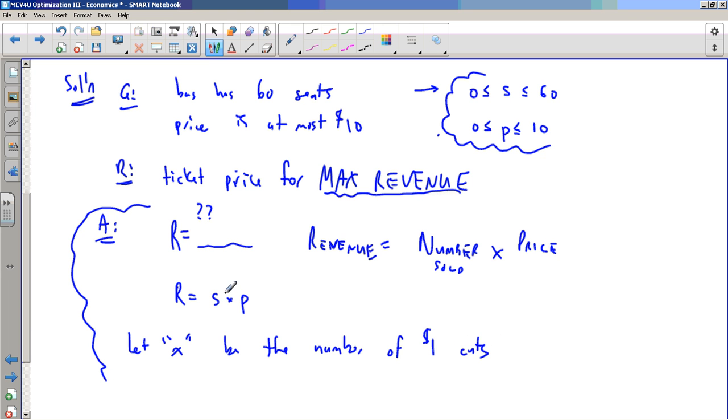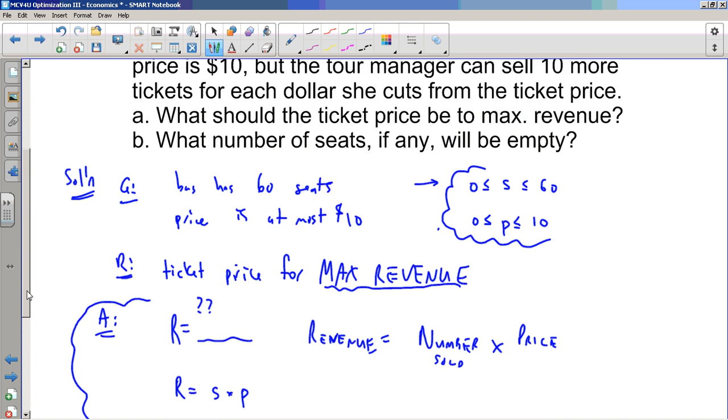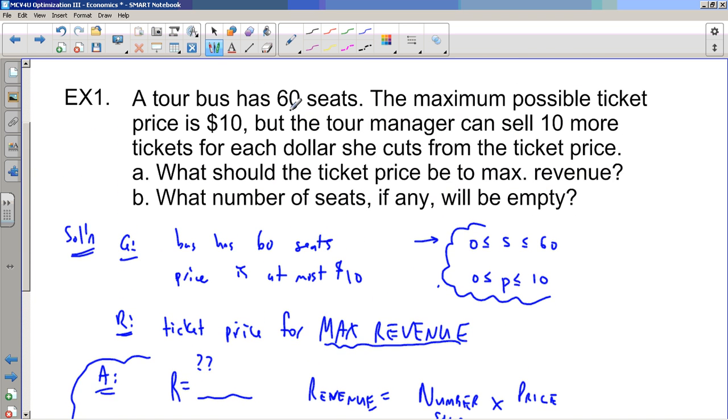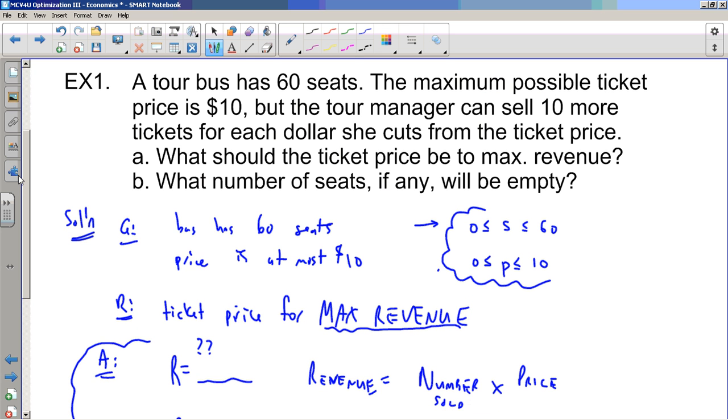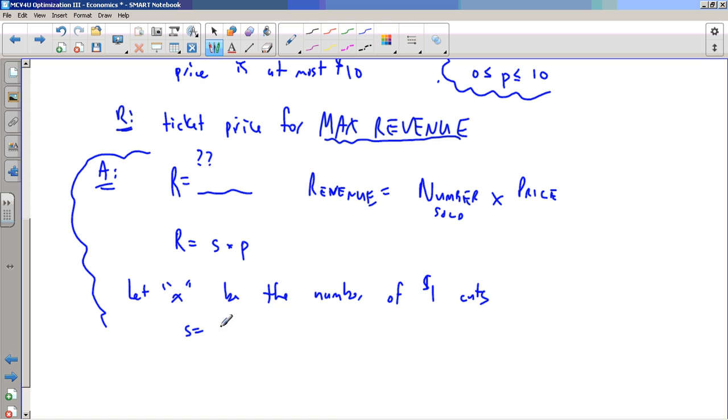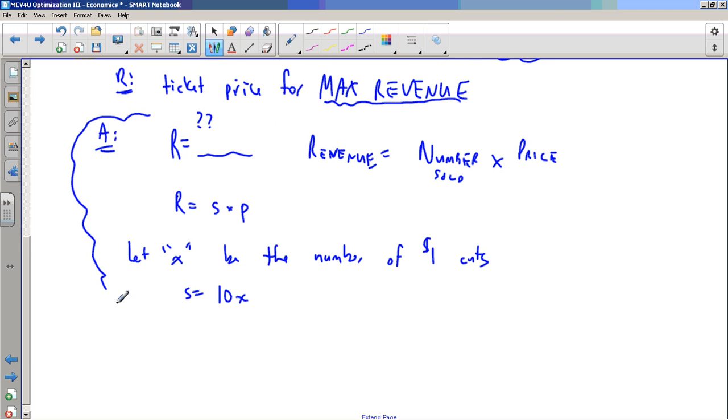So then, what's the number sold? Well, for every time she cuts the price, she's going to sell 10 more tickets. So that's going to be 10x. I suppose if she didn't cut the price at all, she'd sell 0 tickets.